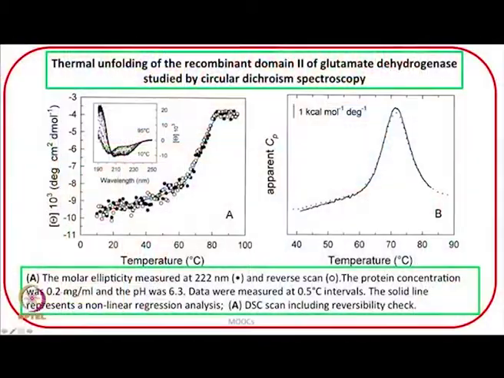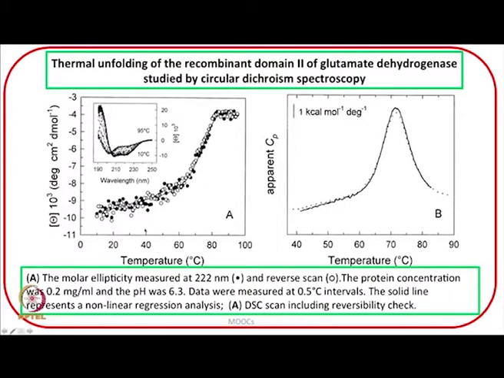Usually, the ellipticity change at 222 nanometer is the signature for the alpha helix structure in the protein. So, theta ellipticity at 222 nanometer also shows a sigmoidal kind of change when the temperature is increased.